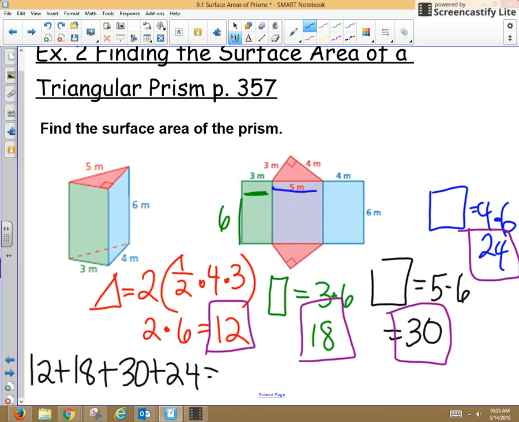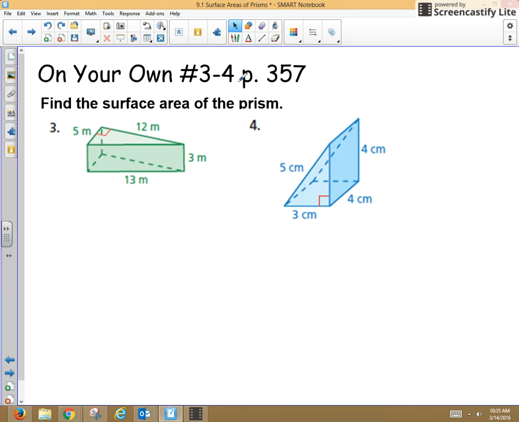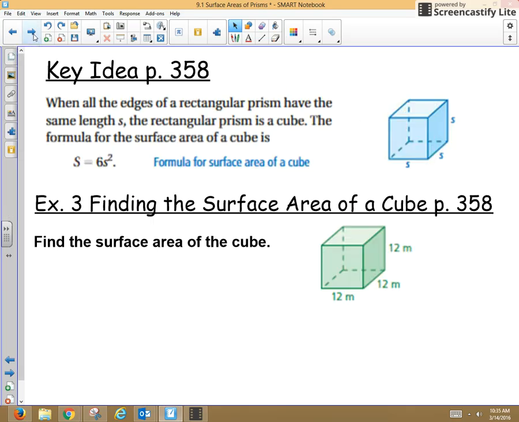When you add all of those up, you should get 84, and it's in meters. Since it's surface area, it's in square meters. Okay, right now I would like you to try on your own numbers 3 and 4. Solve these 2 problems for me.